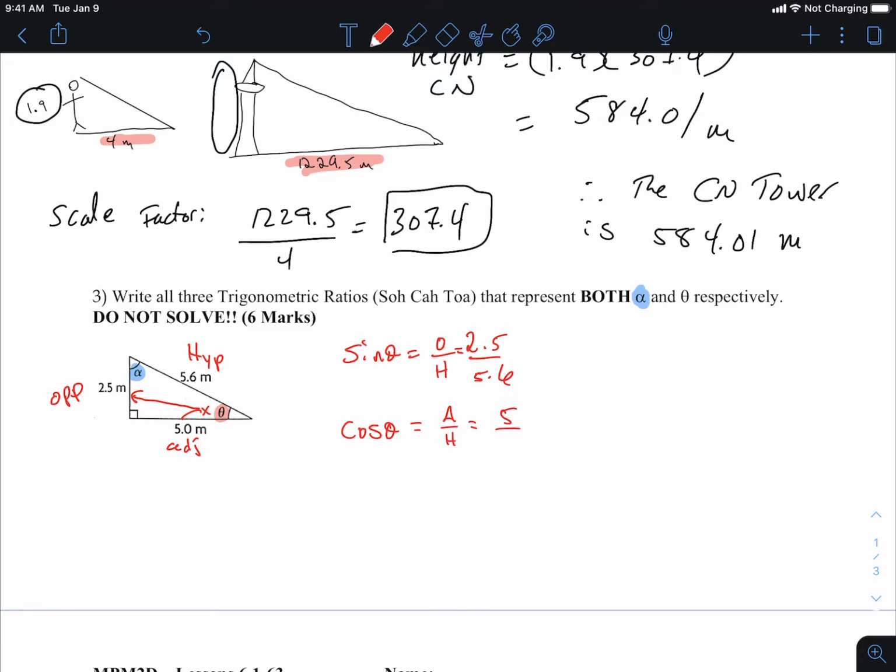Adjacent is 5 over 5.6. Next, tan theta is equal to opposite over adjacent: 2.5 over 5. That's theta, 3 marks.